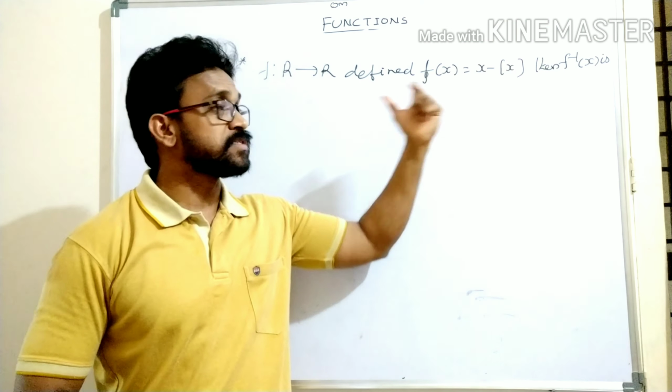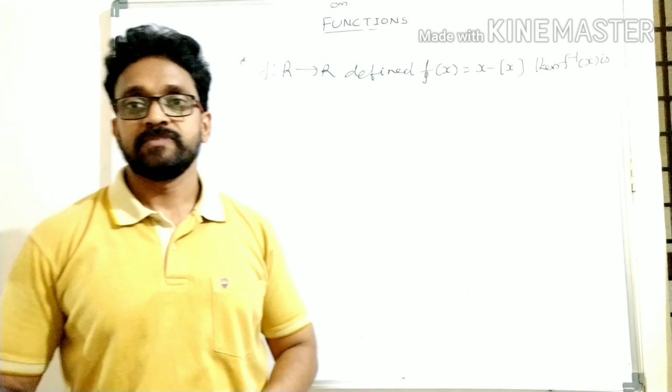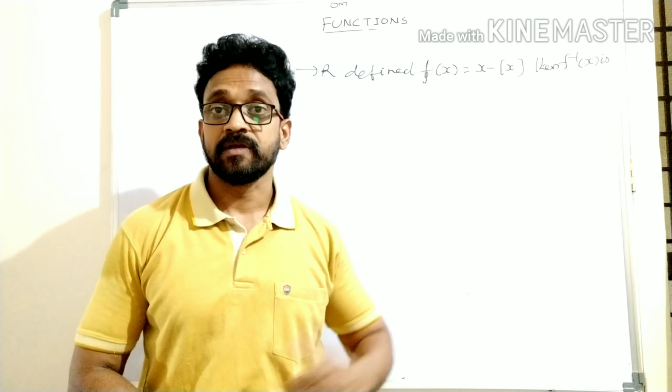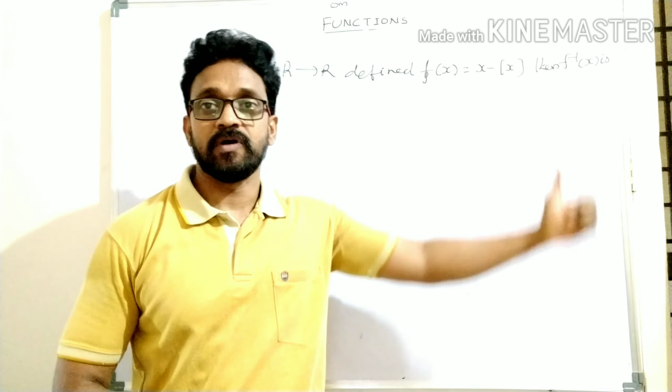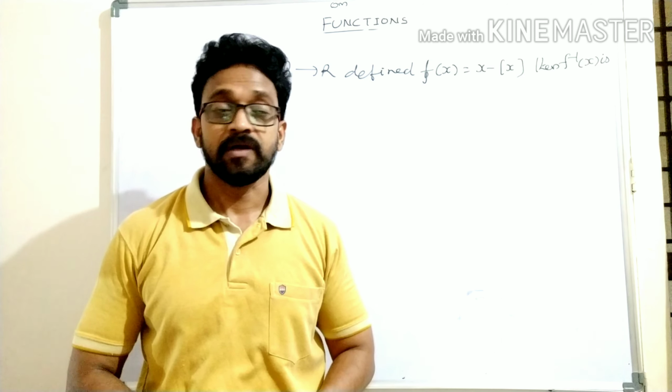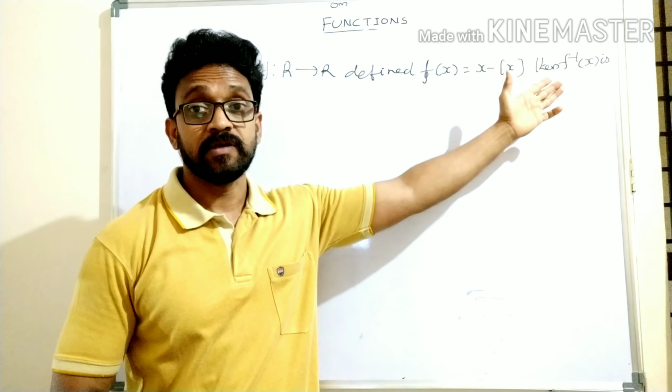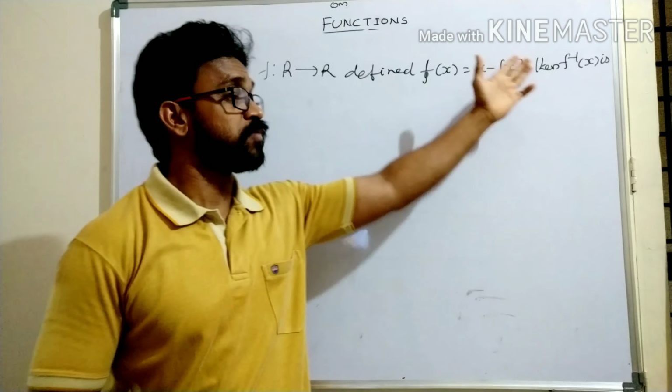Then what is its inverse? What I told here, observe: first check whether the function is one-one and onto. That is the primary verification. So check whether the function is bijective or not.